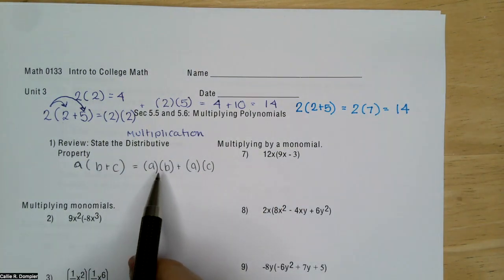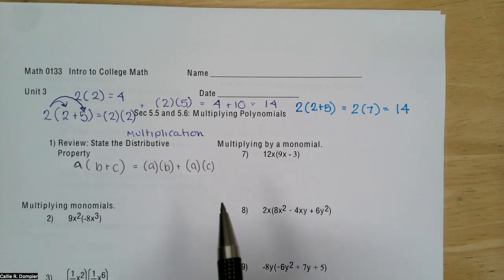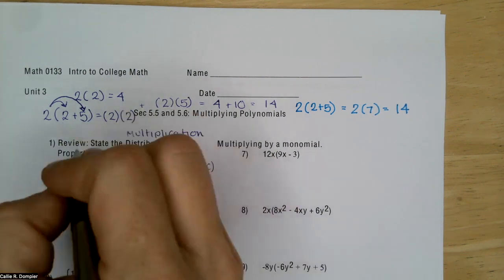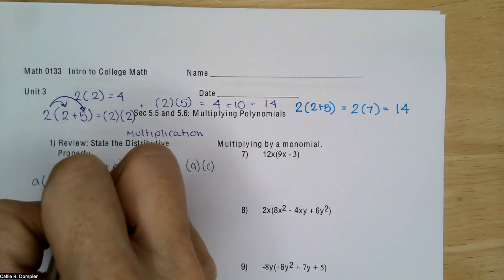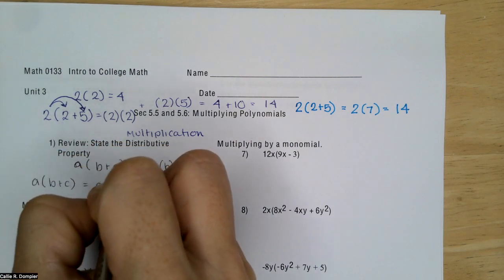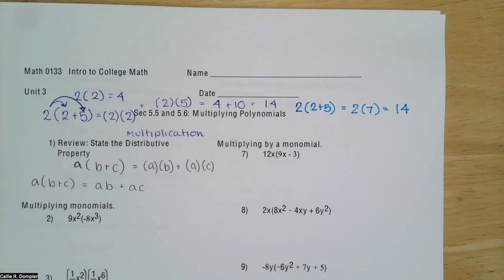I like the parentheses just in case one of those is negative, it helps. But you can also write it just as A(B plus C) equals AB plus AC, if you are proficient in parentheses.